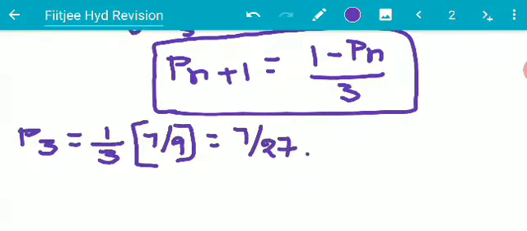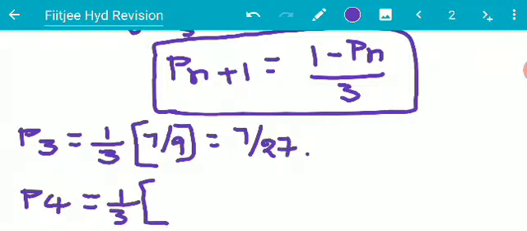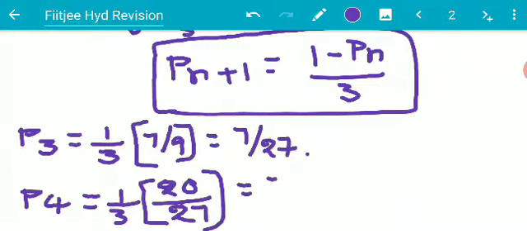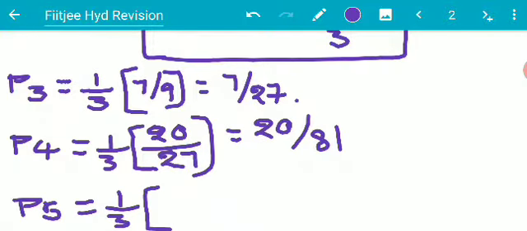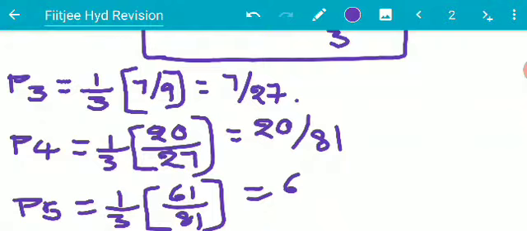Similarly, check P4, that is 1 by 3 into 1 minus 7 by 27, which is 20 by 27, so that is 20 by 81. Now check P5. P5 is equal to 1 by 3 into 1 minus 20 by 81, which is 61 by 81, so that is 61 by 243.